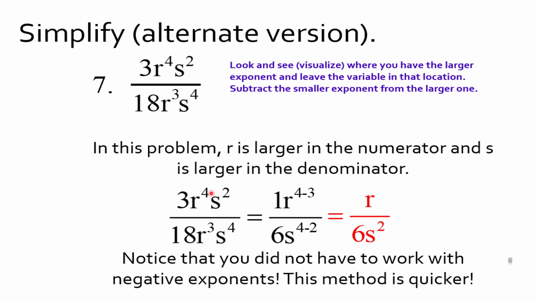So we just put the r up, 4 minus 3. Then write down again the 6, and for the s, we bring it down, so 4 minus 2. That's why we get this final answer. This is more convenient because it's shorter. So just follow this order.